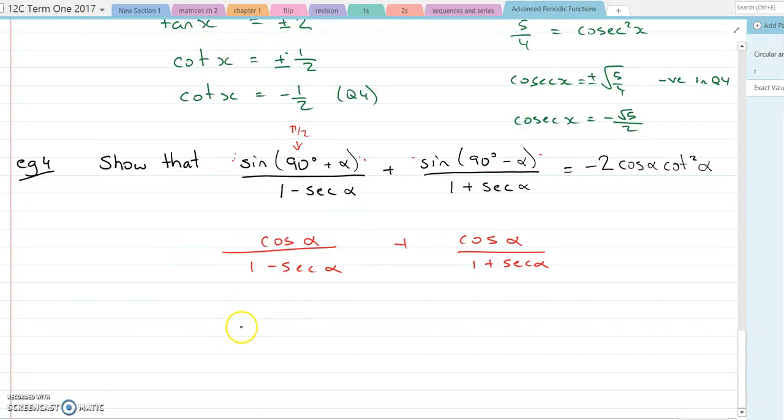So the left side, now we'll make a common denominator. We'll basically times, on the left, cos alpha times 1 plus secant alpha over 1 minus secant alpha, 1 plus secant alpha. Just times both sides by this 1 plus secant.